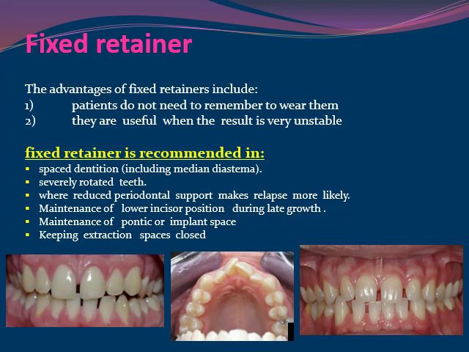Also, maintenance of pontic or implant space: in cases where I need to maintain space for an implant or pontic. And also to keep the extraction spaces closed during orthodontic extraction treatment, we need a fixed retainer. These are the main indications of fixed retainer.